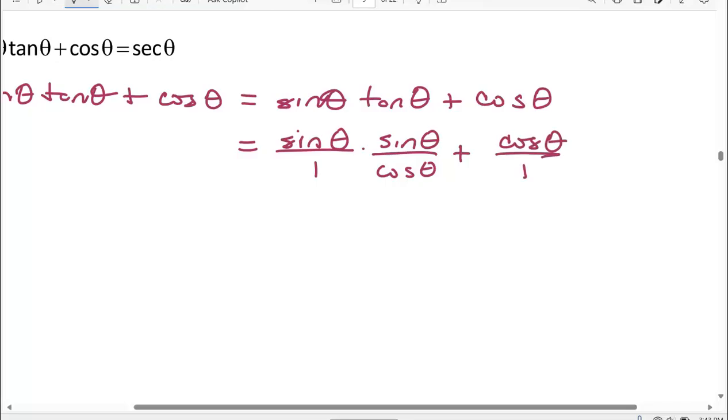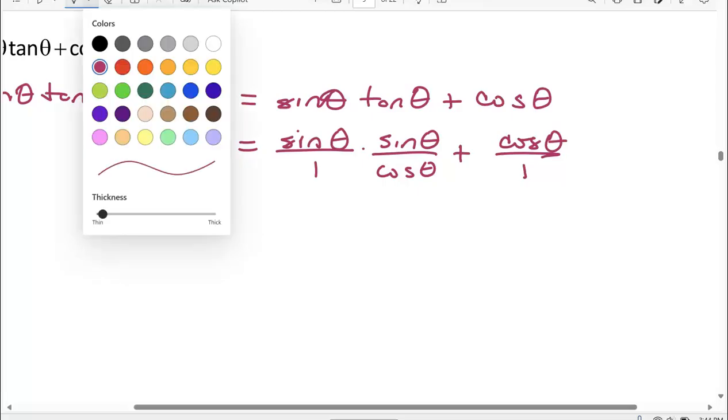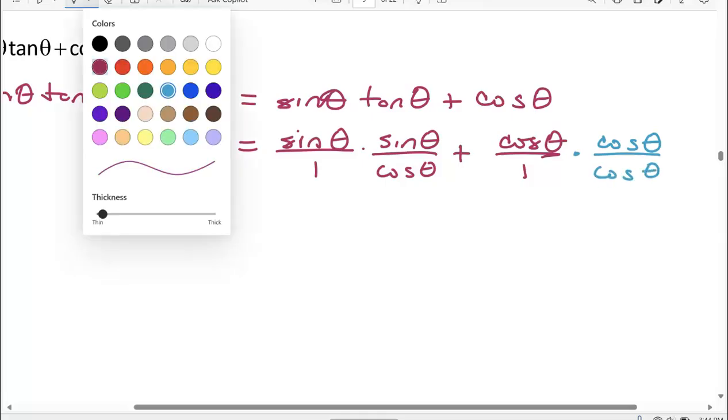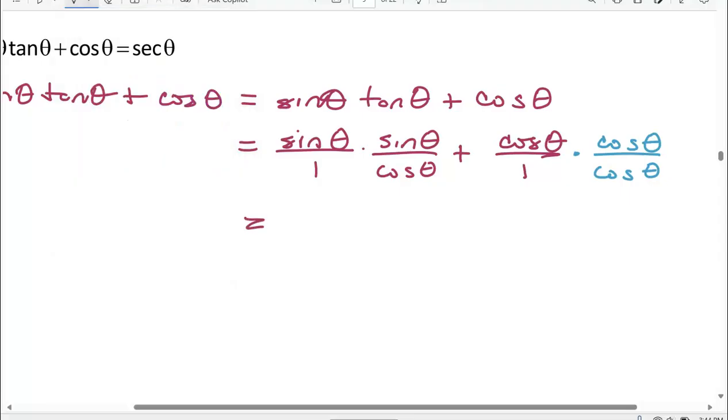Now, if I want to add these fractions, once I'm finished with the multiplication, I'm going to multiply that second fraction by cosine of theta over cosine of theta so that we have a common denominator. So sine of theta times sine of theta is sine squared of theta over 1 times cosine of theta is cosine of theta.